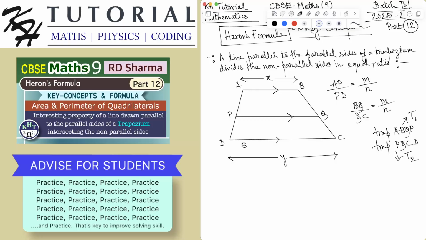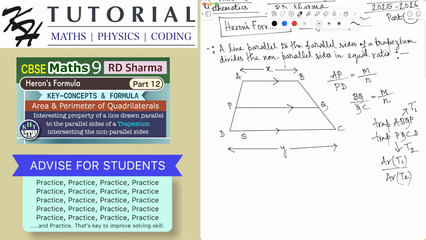We have to find the ratio of area of T1 by area of T2, where it is given that the line PQ, which is parallel to the parallel sides AB and DC, divides the sides AD and BC in the ratio such that AP by PD is equal to M by N, and also BQ by QC is equal to M by N.